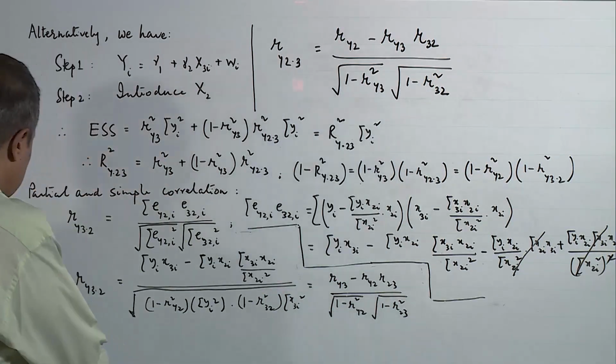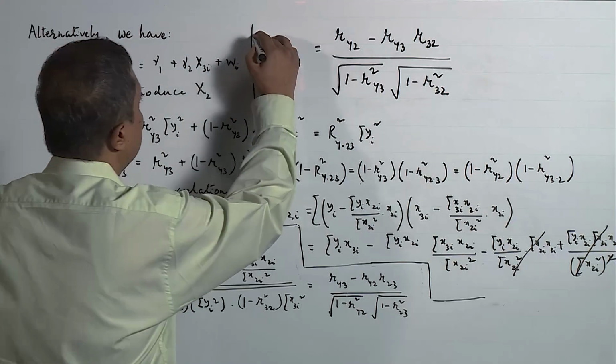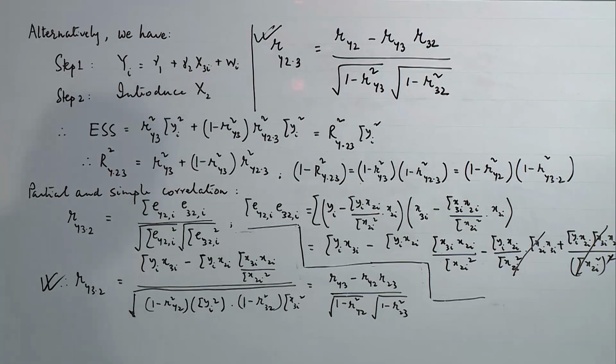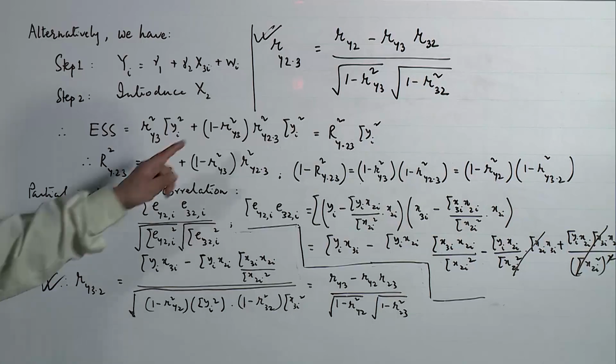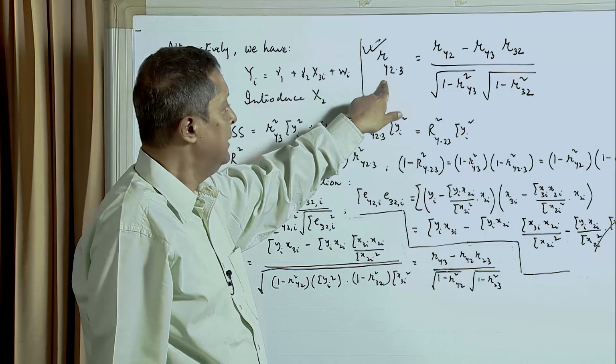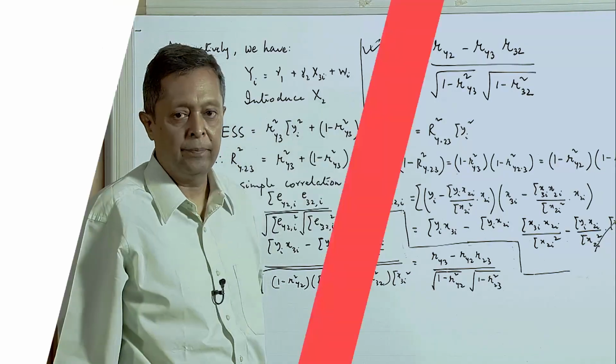So, these two expressions summarize the relation between the partial correlation between y and x3 given x2 and the partial correlation between y and x2 given x3.